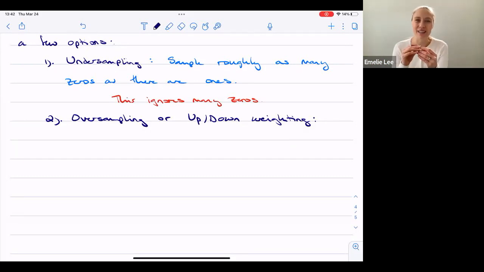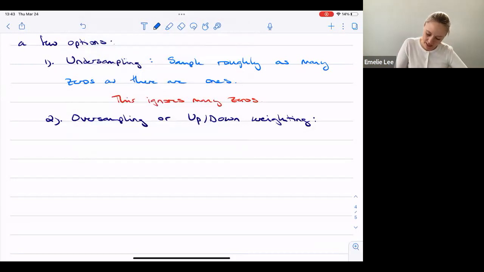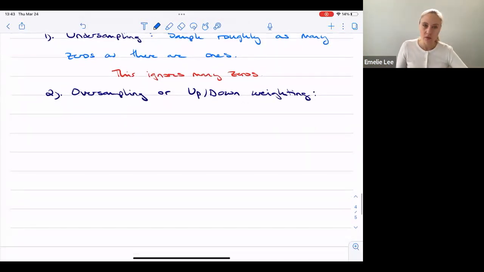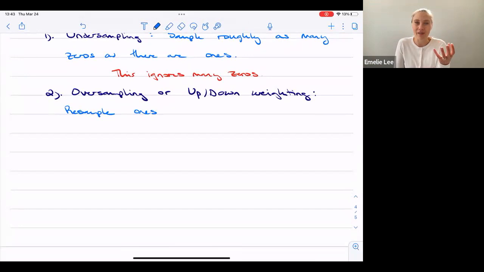It's just that you have the same observations that you would have already, right? And so you're just making more of those same observations. So oversampling or up-weighting, which are the same, is when we resample ones so that they're more dominant, or not necessarily dominant, but to increase the number of ones.